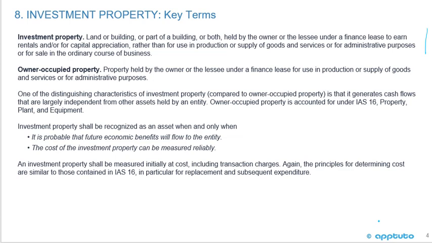Investment property shall be recognized as an asset when and only when, one, it is probable that future economic benefits will flow to the entity, and two, the cost of the investment property can be measured reliably. An investment property shall be measured initially at cost, including transaction charges. Again, the principles for determining cost are similar to those contained in International Accounting Standard 16, in particular for replacement and subsequent expenditure.